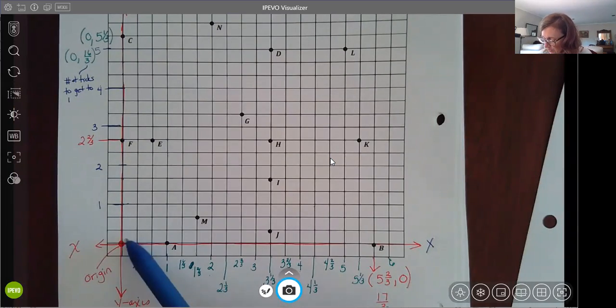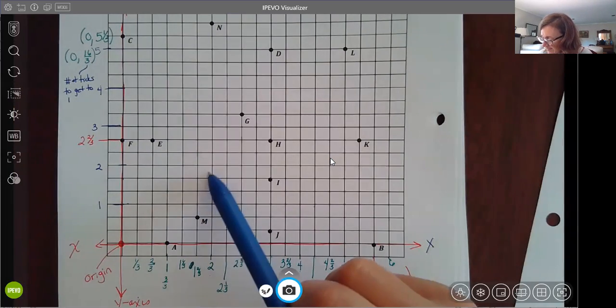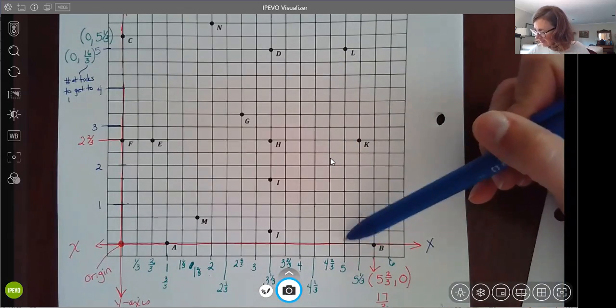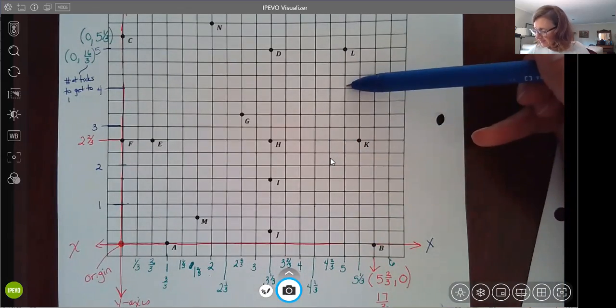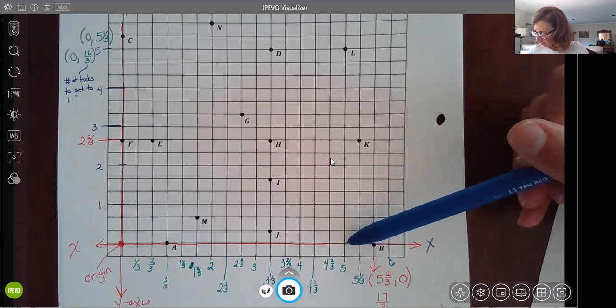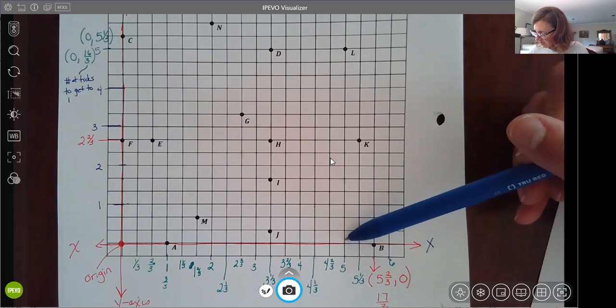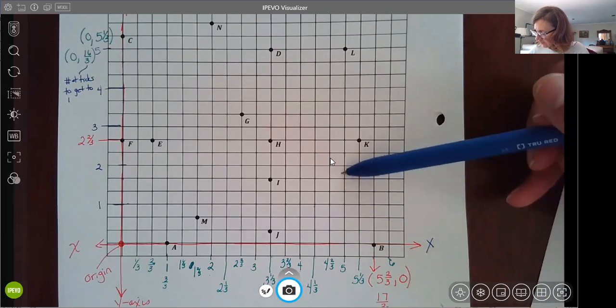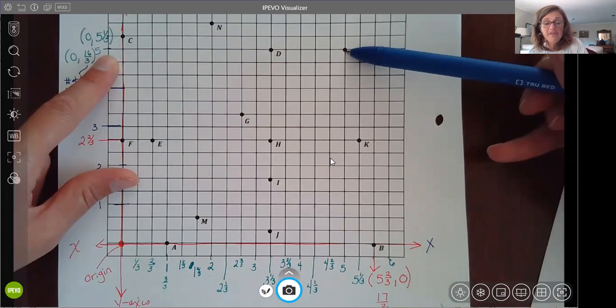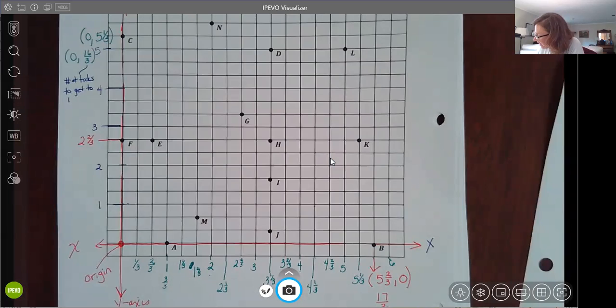I think the answer was L. Do you agree? So the units for L are over 5 to the right and then up 5 units. So L has an ordered pair of 5, 5. I thought that was interesting. That took me a while to do.